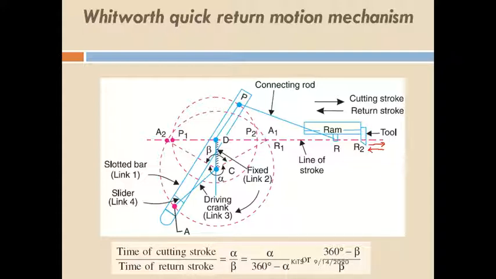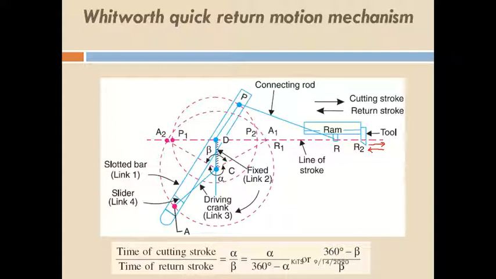So the forward stroke should be perfect, because in the forward stroke it is cutting or removing the material. So the forward stroke should be slow compared to the return stroke. Suppose the forward stroke is quick, it means the surface of the object will not be smooth, or the tool might break.